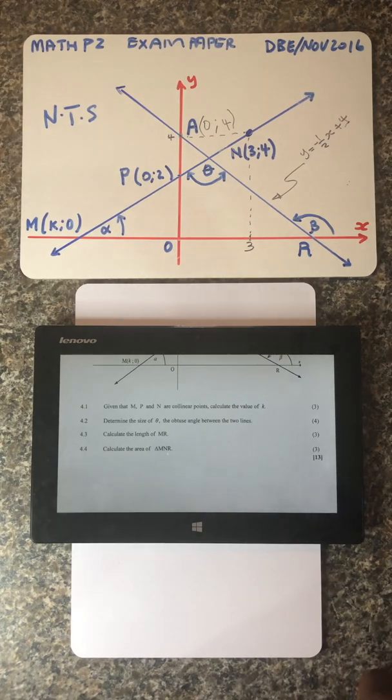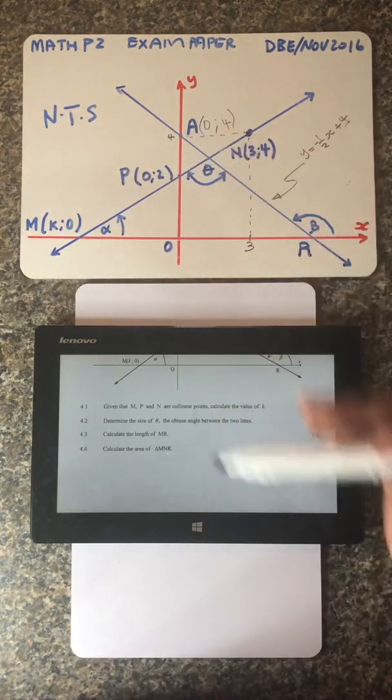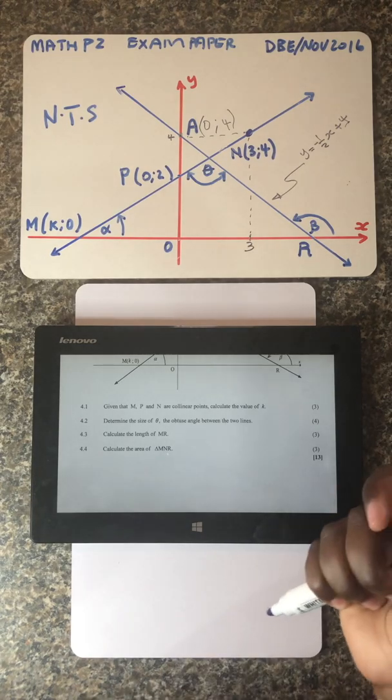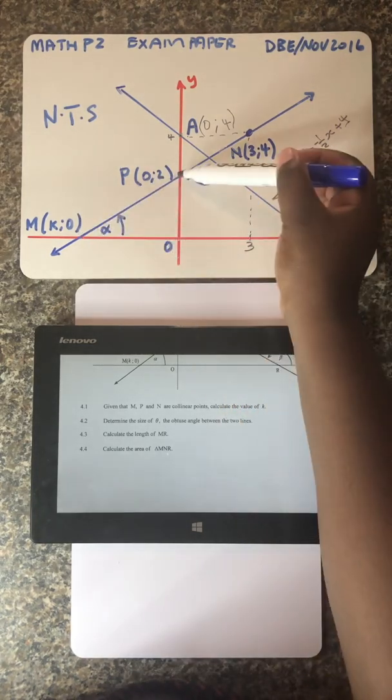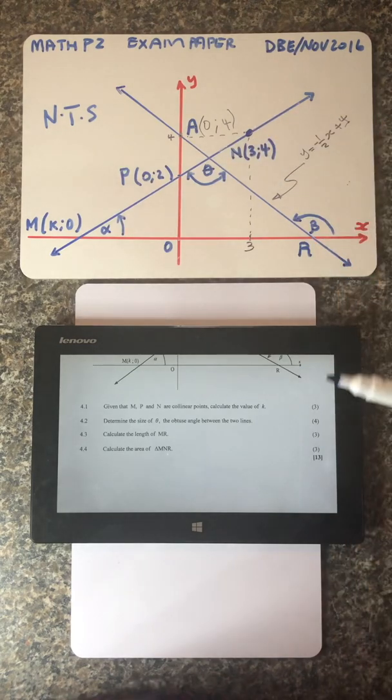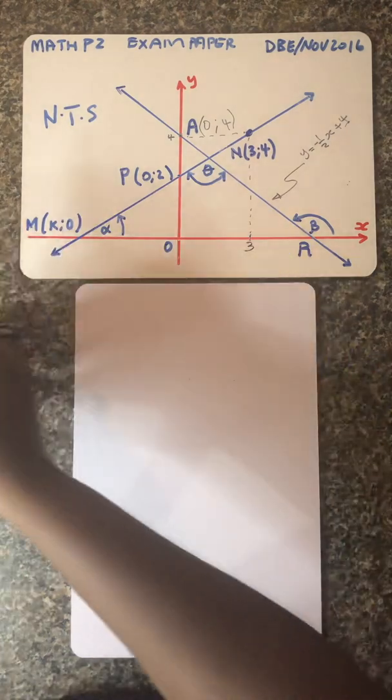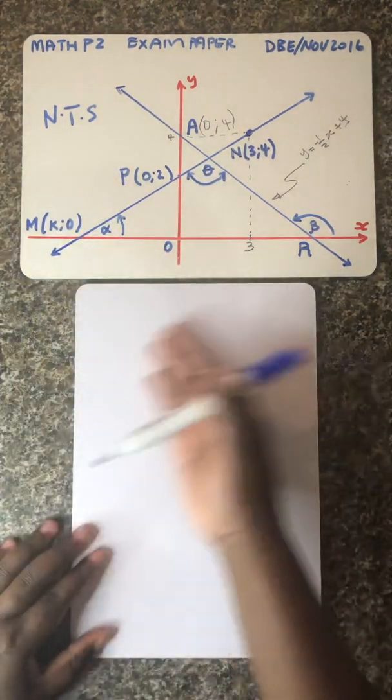I've already noticed that M, which is that point, P, which is that point, and N are collinear points. Okay, so now they want you to calculate the value of K. So this should be one of those simple questions where you just easily obtain full marks. Okay, so I hope you've noted down the question.